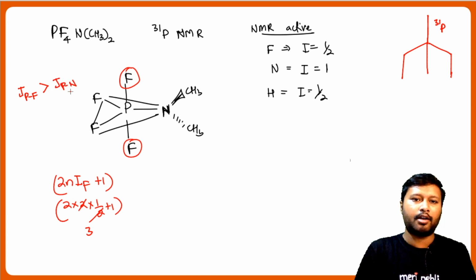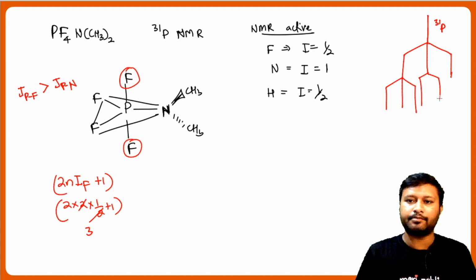That means the coupling between phosphorus and fluorine is more as compared to coupling between phosphorus and nitrogen. So since this coupling is more, next who is going to split? These equatorial fluorines again. Again they are going to split it up into 3 lines. So these peaks are going to split it up into 3 lines again.